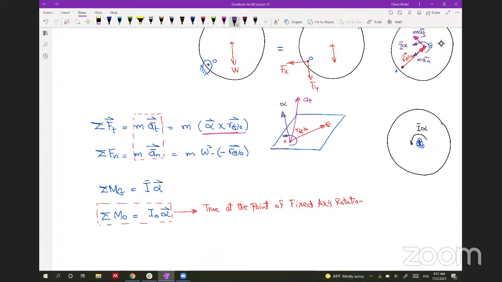So this point O is an instantaneous center of zero velocity, or we can call it a permanent center of zero velocity because the velocity will be equal to 0 at this point. So this rule is true for an instantaneous center of zero velocity as well. You can call it ICZV.